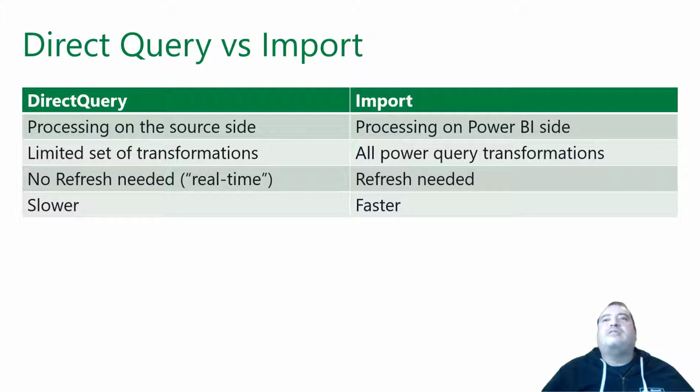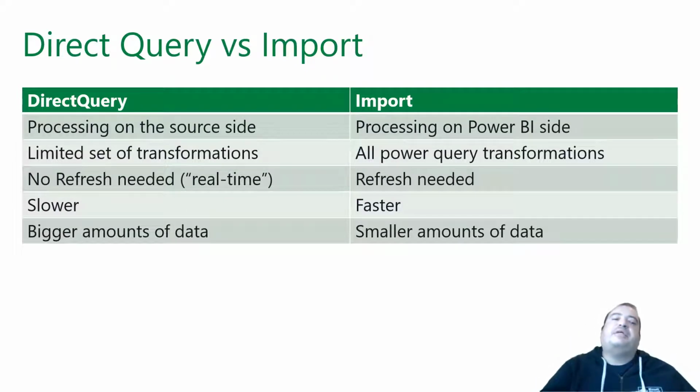DirectQuery is slower because it depends on the network, depends on the transfer, the resources of the source of the data, so it ends up being slower than import mode. Import is faster because all the data is kept in memory, so all the processing happens in memory, making import faster than DirectQuery.